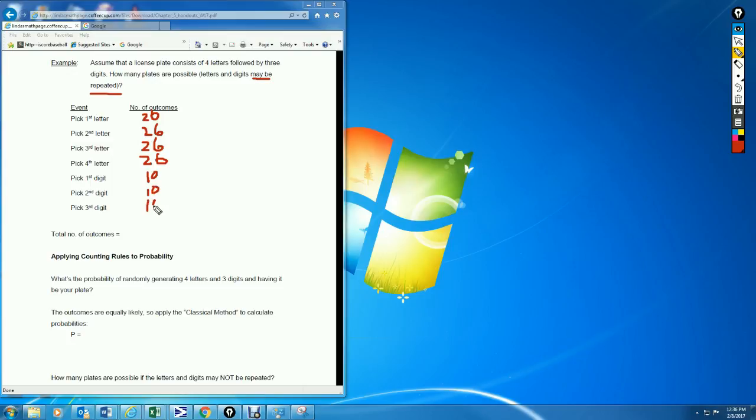Pick the third digit, I can repeat. Okay? So the total number of outcomes, I just need to multiply all these together. So 26 times 26 times 26 times 26 times 10 times 10 times 10.